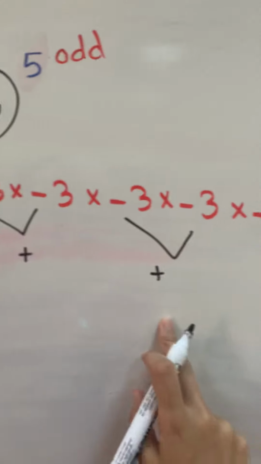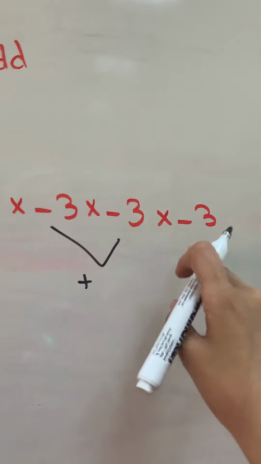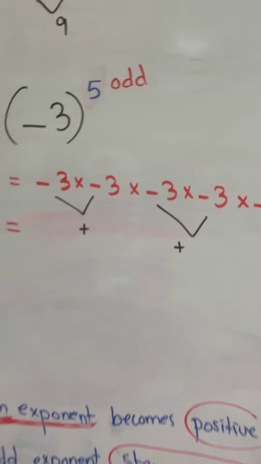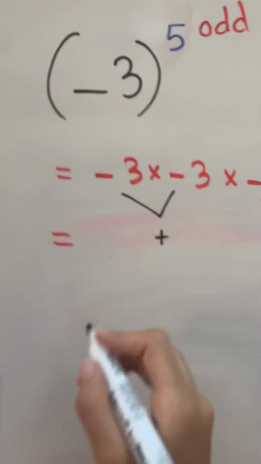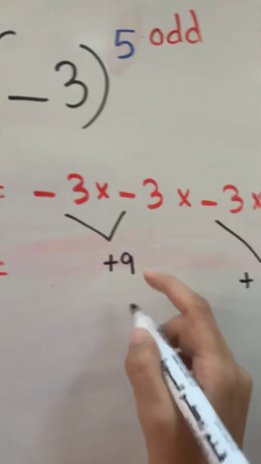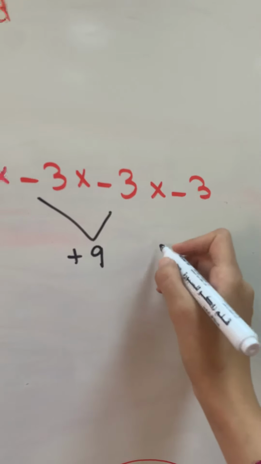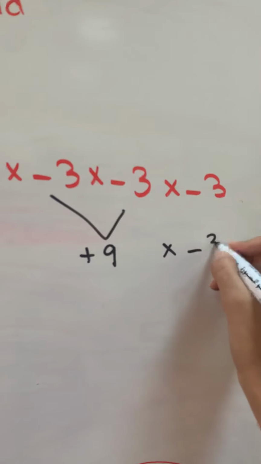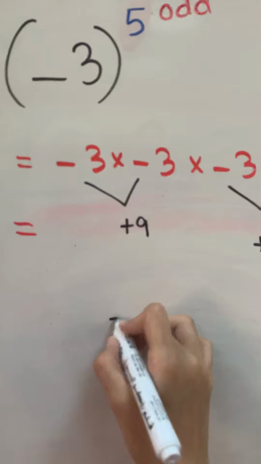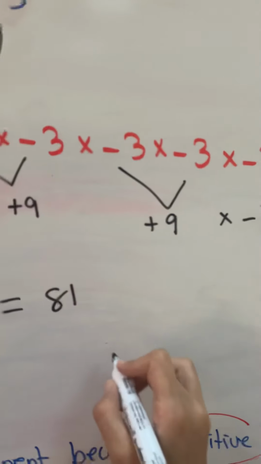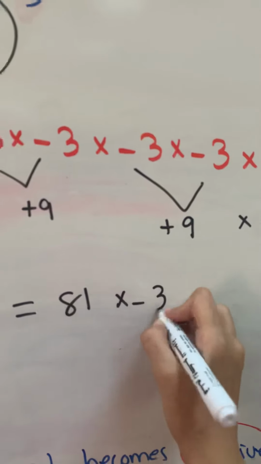So I will have pluses here, but I will always remain with an extra negative when I have an odd number. So let's see. So this is plus 9. These two together give me plus 9, and this is times minus 3. Now 9 times 9 is 81 times minus 3.